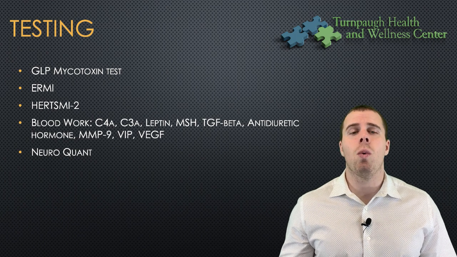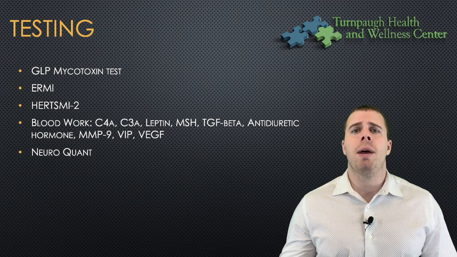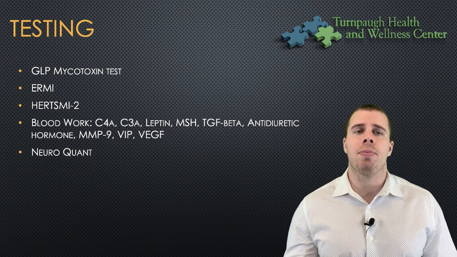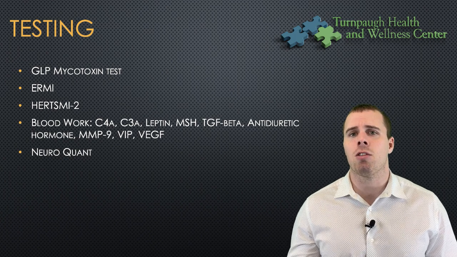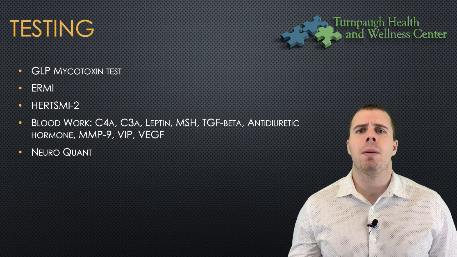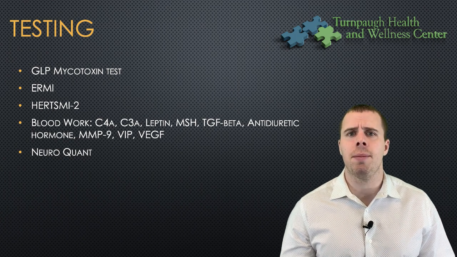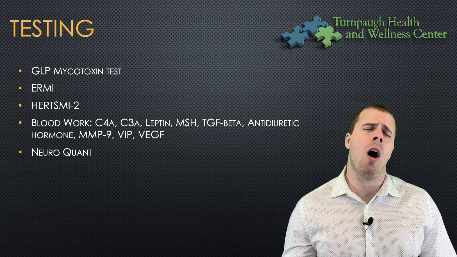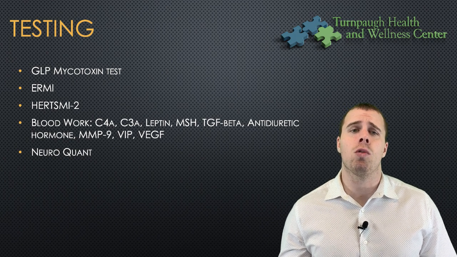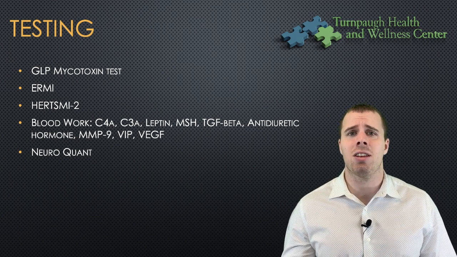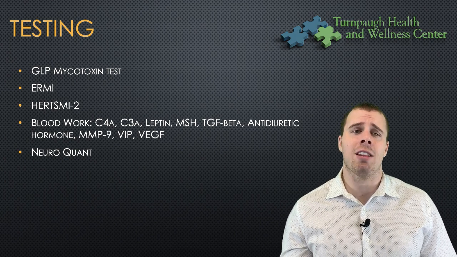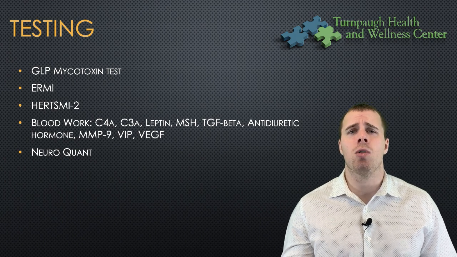So testing, what testing can we do here? A big one is going to be the GPL, Great Plains Labs, mycotoxin testing. That's a really good one that I use very regularly. We can do an ERMI, an Environmental Relative Moldiness Index test, and then the HERTSMI-2, which goes hand in hand.